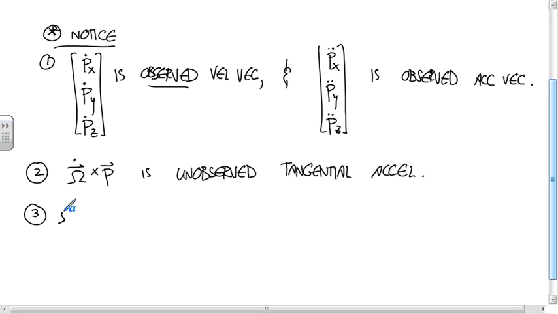Third, omega cross quantity omega cross p is, again, to a viewer who's rotating with that coordinate system, an unobserved centripetal acceleration.